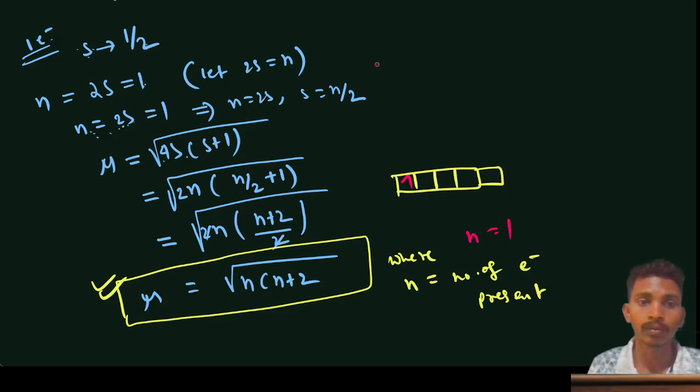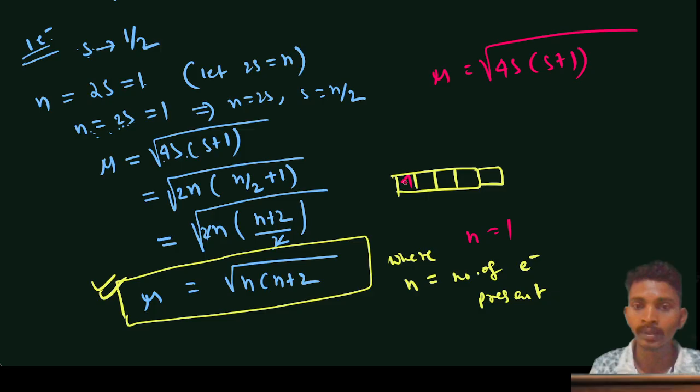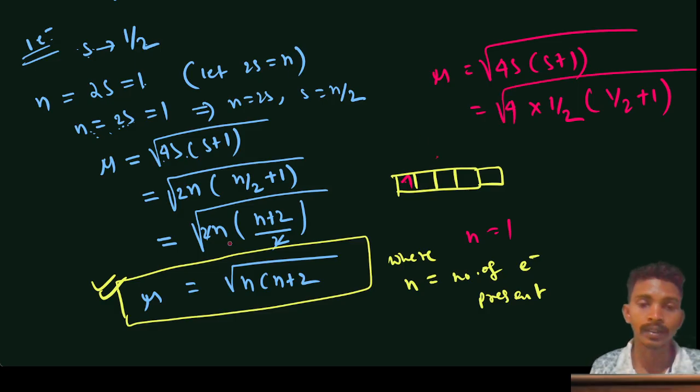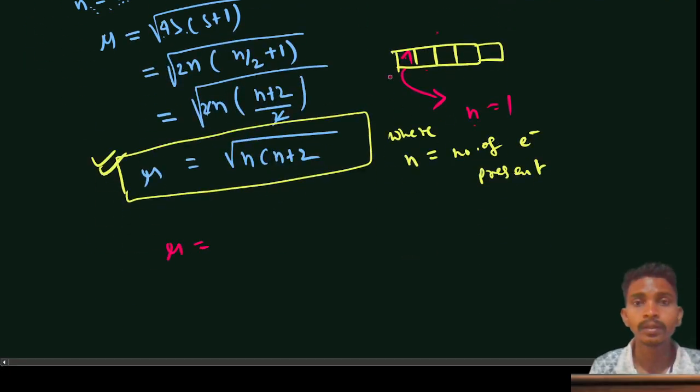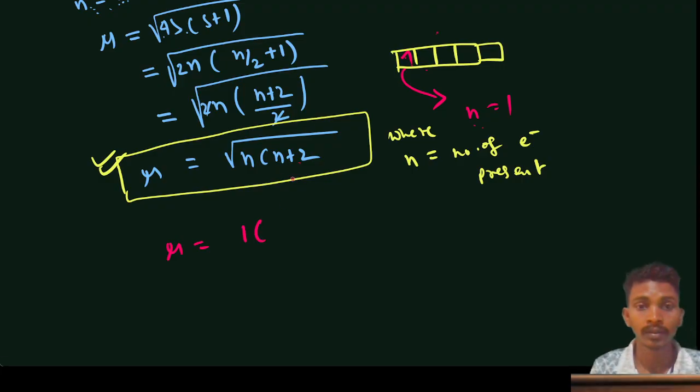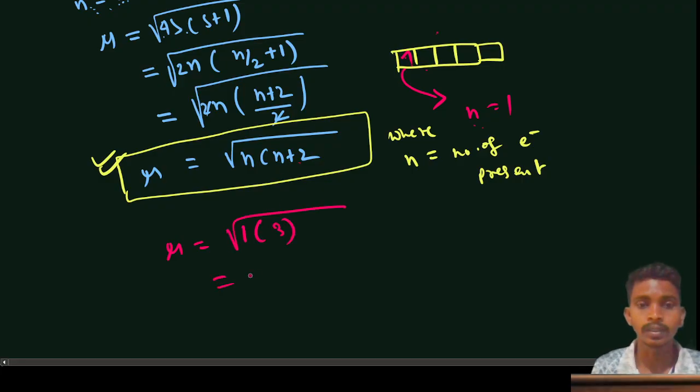But if you are using the other formula, for the same thing we will take s as half, half plus 1. So here we are taking n equal to 1, and here we are considering this as 1. If I use this formula, then here what I'll get is mu equal to, that is 1 electron, so 1 into 1 plus 2, that is 3, root over 3, that is root 3.